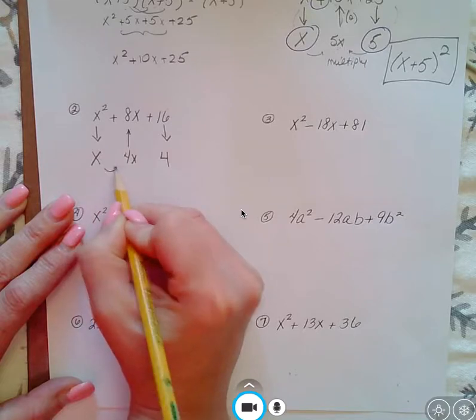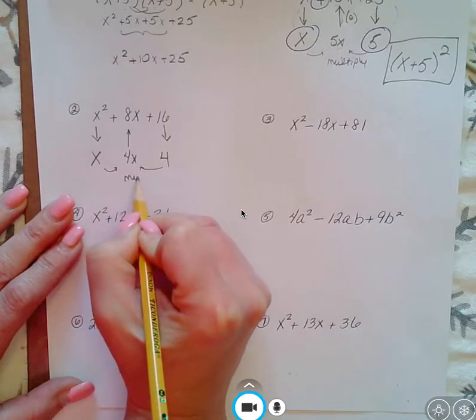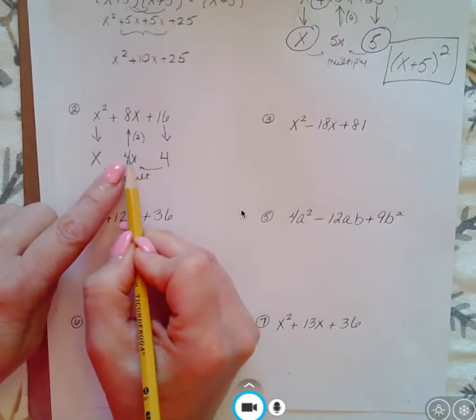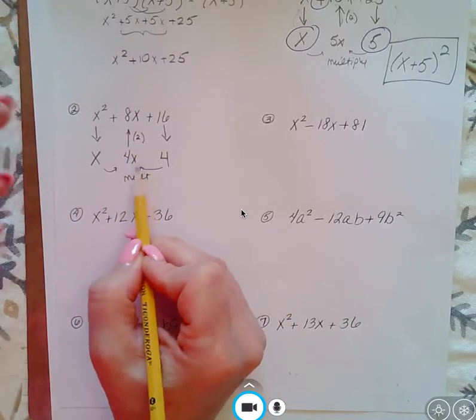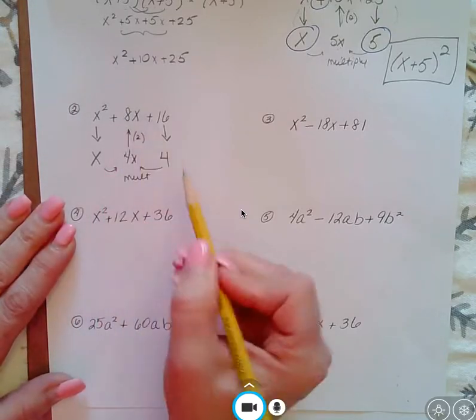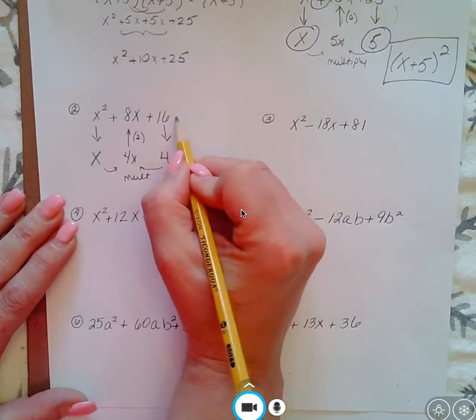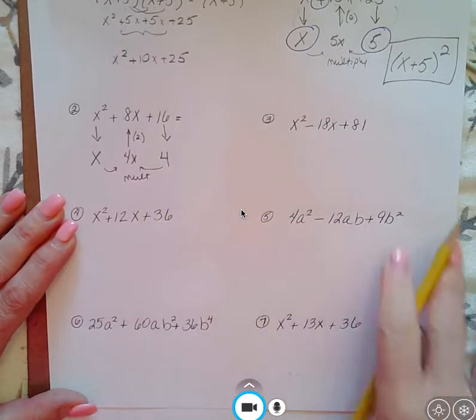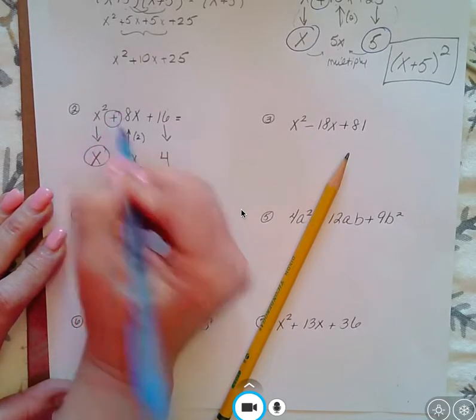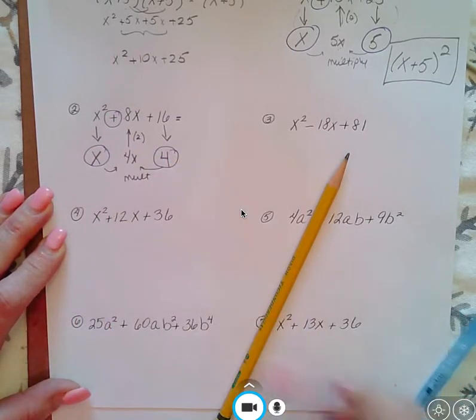Then you want to double it. When you double the coefficient, remember, the 4 times 2 gives us 8. So yes, it is a perfect square, and this would factor into x plus 4 squared.